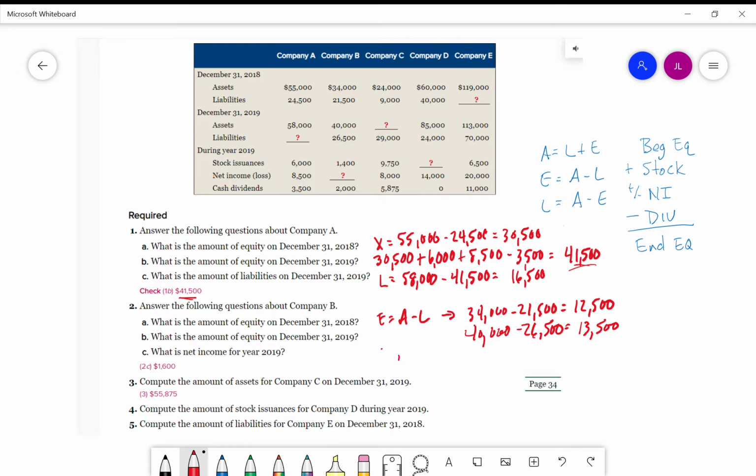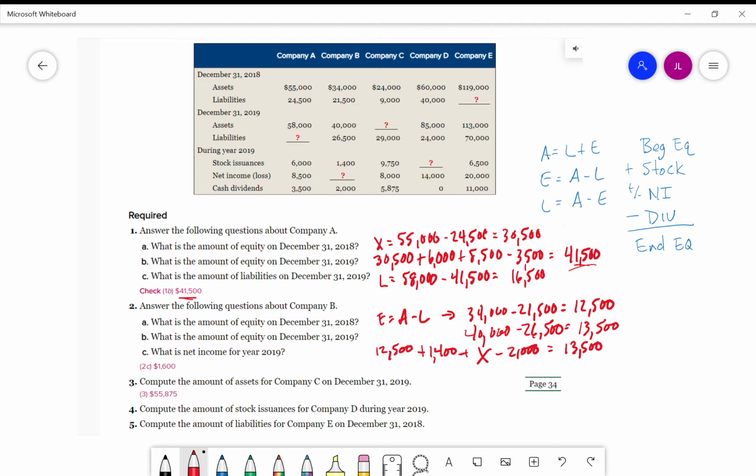Plus stock issued, which is 1,400, plus net income, which we don't know, so we'll give that an X, or we could say I for net income, minus our dividends of 2,000, equals our ending equity. We know that's 13,500.